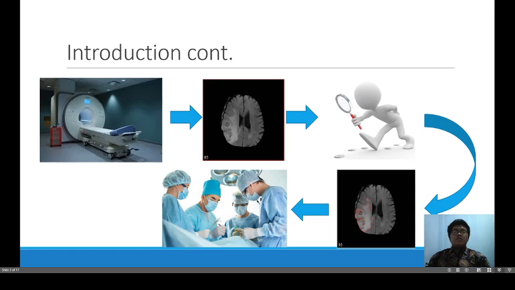Then the MRI machine scans the tumor area from the patient and outputs an image that goes to our program, and our program detects the tumor area and puts mark on it, as shown on the picture on the bottom here. And we hope the result from our program can help the medical personnel to take the right medication for our patient.